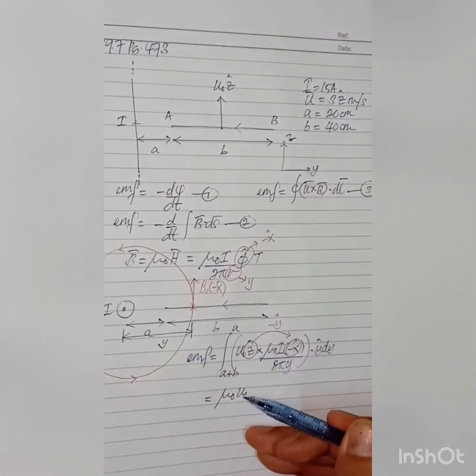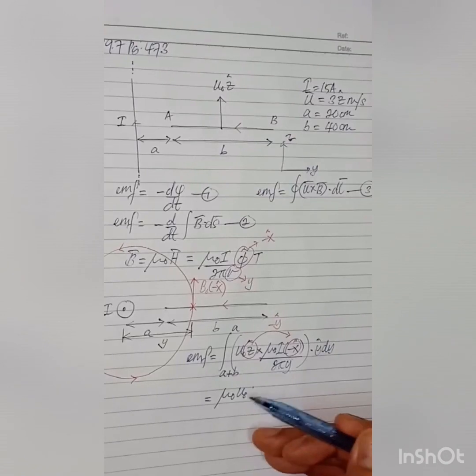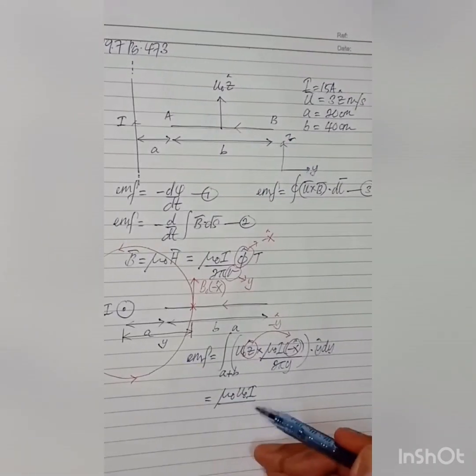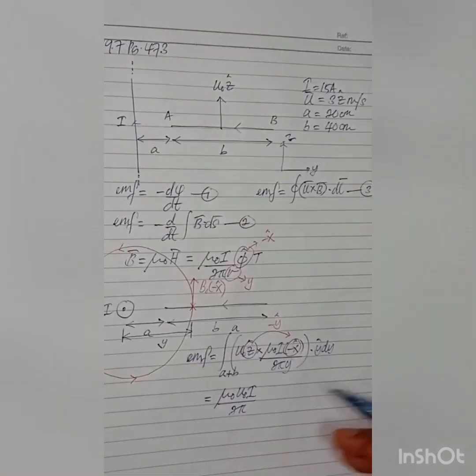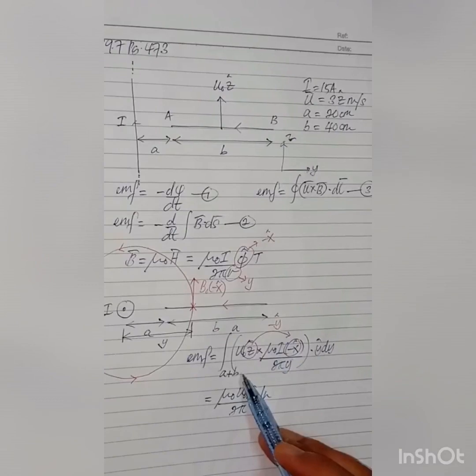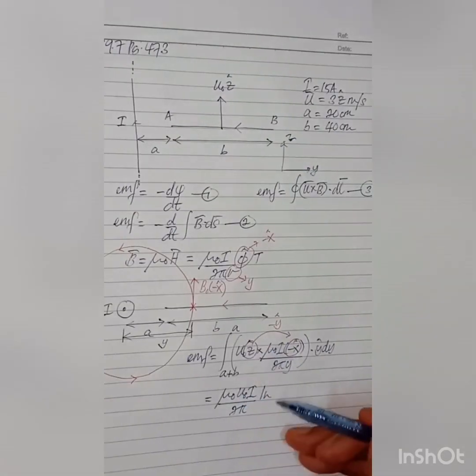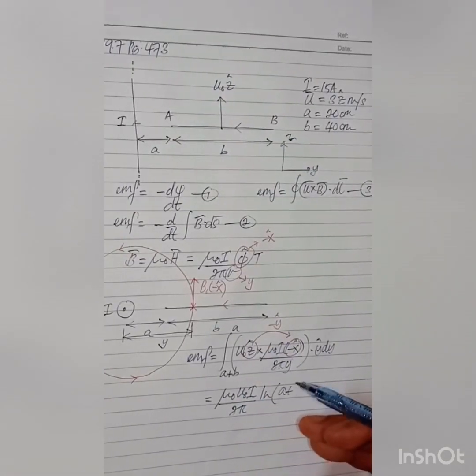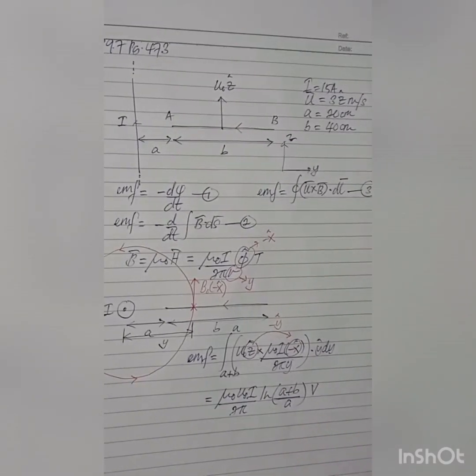So now we have mu naught u naught I over 2 pi. Now I'm going to remove this negative, I just rearrange the limit. Now I have ln of (A plus B) over A volts.